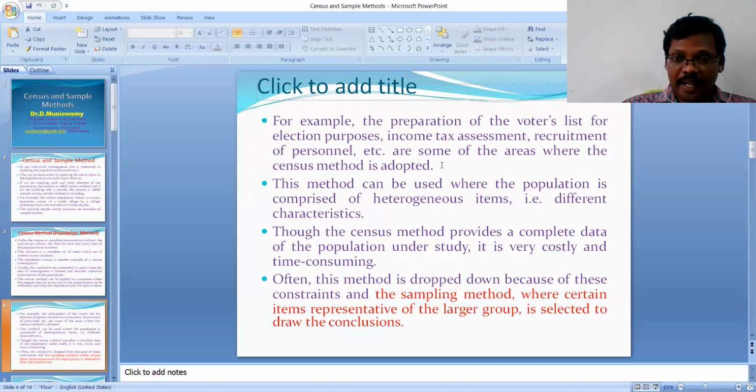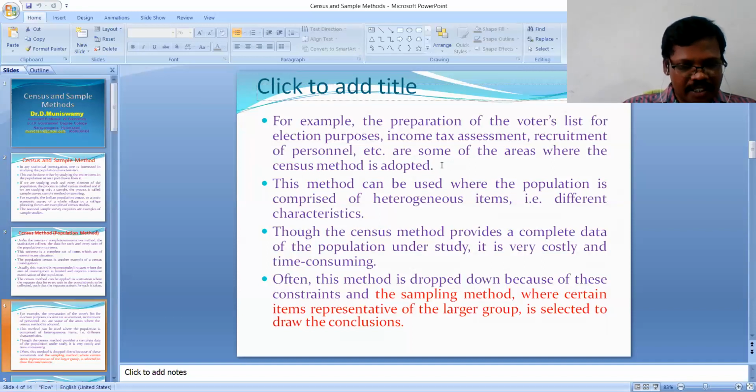Why does the investigator not use the census method? Because it is time consuming, more expensive, and takes more energy. It is very difficult to take the information from all, so it will take more time.